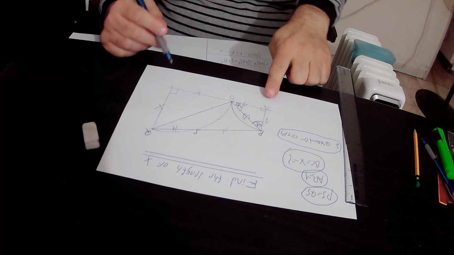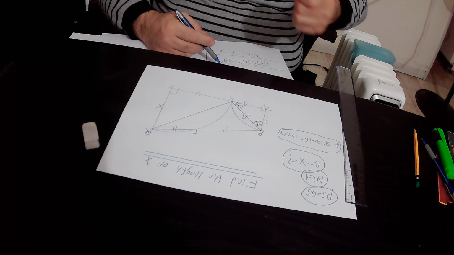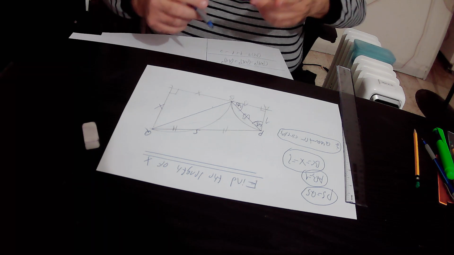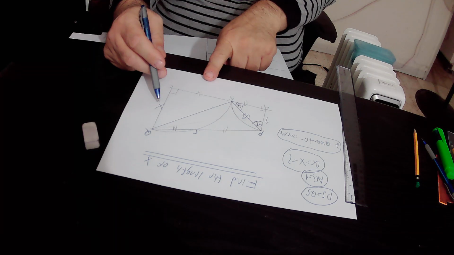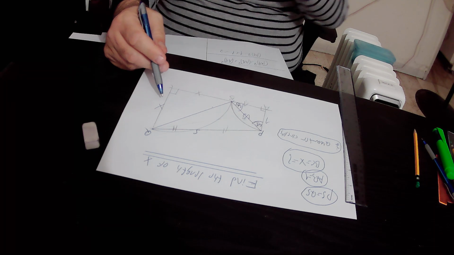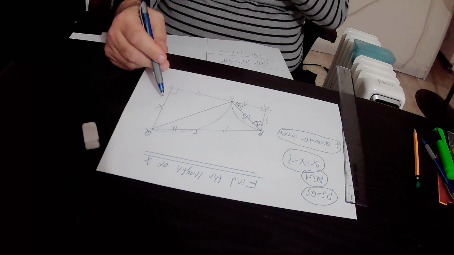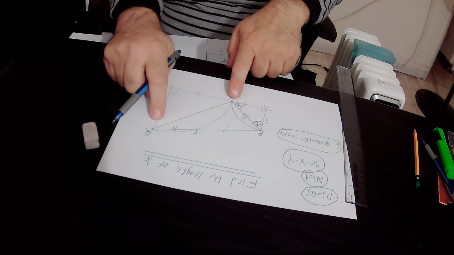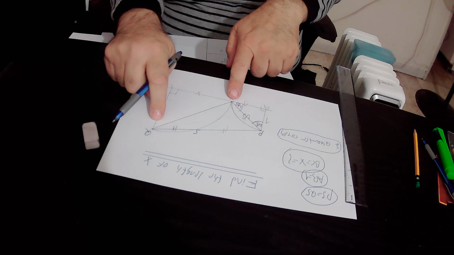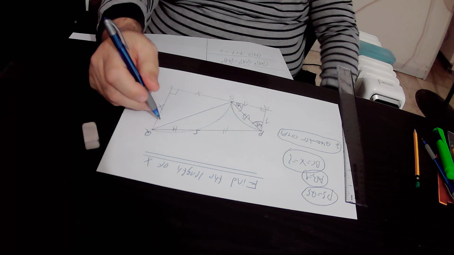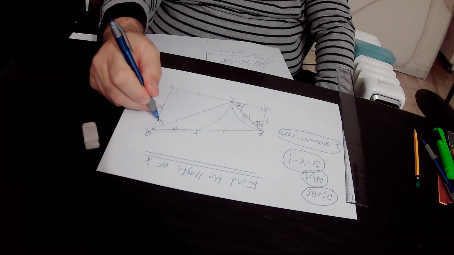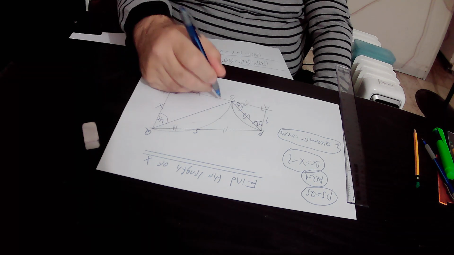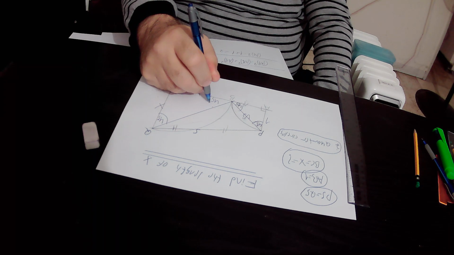It is exactly like this triangle. If we repeat the same process on this triangle QCB, we'll find out that those two angles, each of them also equals 45 degrees. So this angle equals 45 degrees, and this angle also equals 45 degrees.